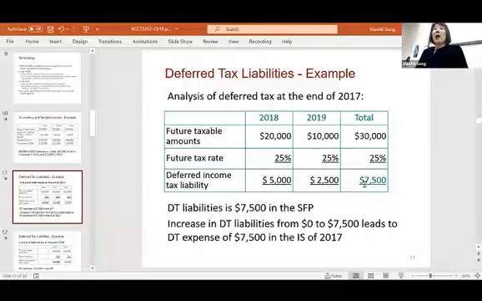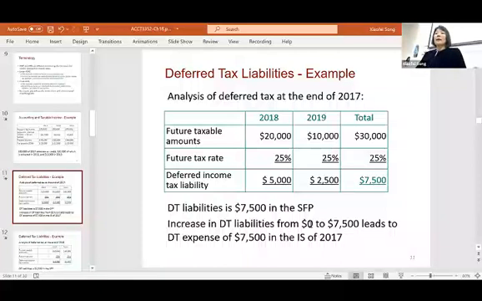And that is our deferred tax liability. So we want to see that on the balance sheet. Okay. Now, assuming there are no differences before, we start with a clean slate, assume that. So our adjustment would involve increasing deferred tax liability from 0 to 7,500.